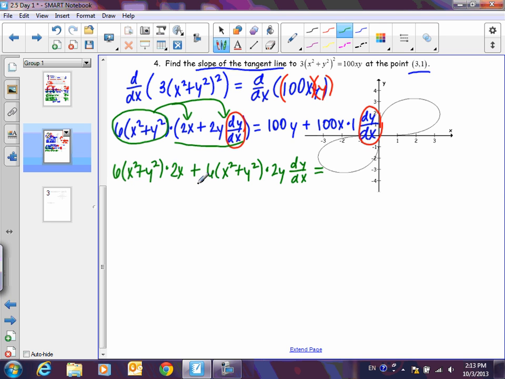Okay, so now the whole reason, if you're thinking, why did I need to do that? Well, in order to get my dy over dx's together, this was always going to be a problem right here until I broke this up. This plus right here, I couldn't just subtract the 2x when I have something in front of the parentheses. I had to do this algebra step.